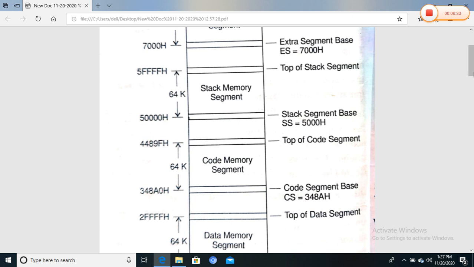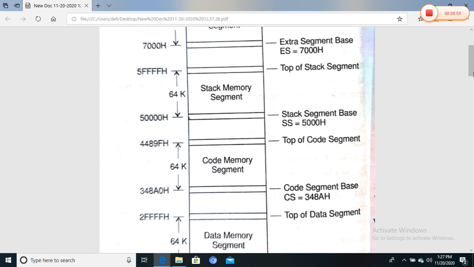The SS memory stores the interrupts and subroutine addresses. The data segment memory stores the data. The extra segment memory stores the shared data.